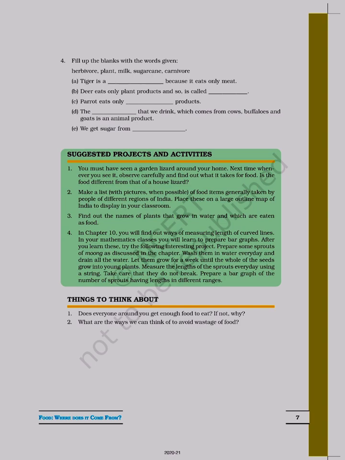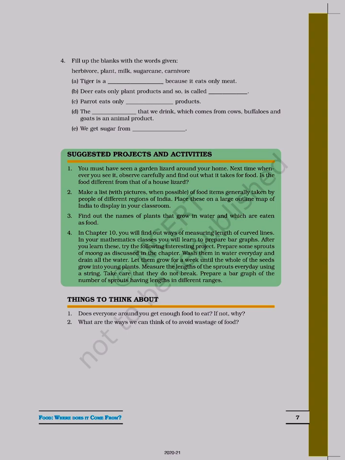4. In Chapter 10, you will find out ways of measuring length of curved lines. In your mathematics classes, you will learn to prepare bar graphs. After you learn these, try the following interesting project. Prepare some sprouts of mung as discussed in the chapter.